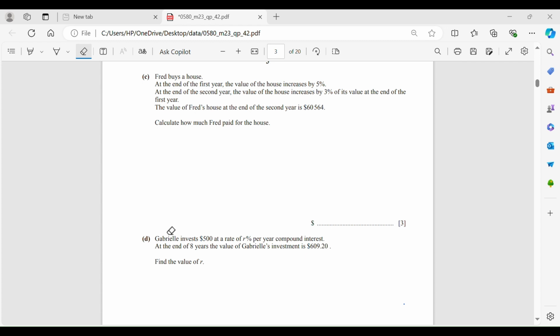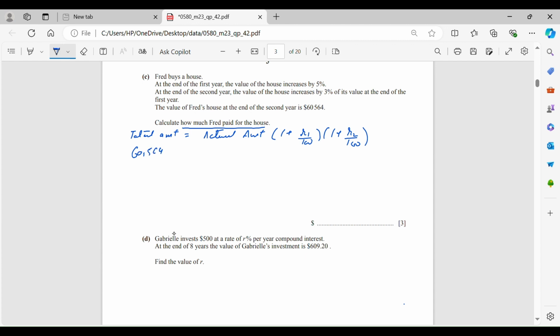For this, we will use the formula: total amount equal to actual amount into 1 plus R1 by 100 into 1 plus R2 by 100.